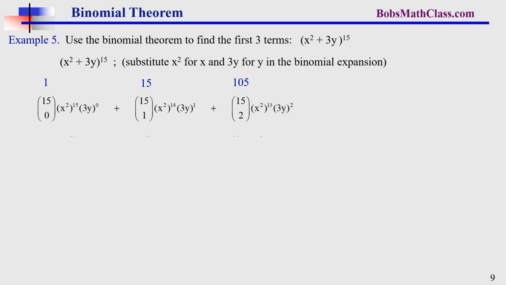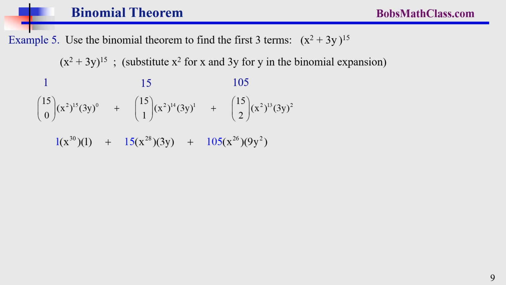So now simplify each one. In the first term, 15 choose 0 is the 1. X squared to the 15th, that's x to the 30th. And 3y to the 0 is 1. Anything to the power 0 is 1. In the second term, 15 choose 1 is 15. X squared to the 14th is x to the 28th power.